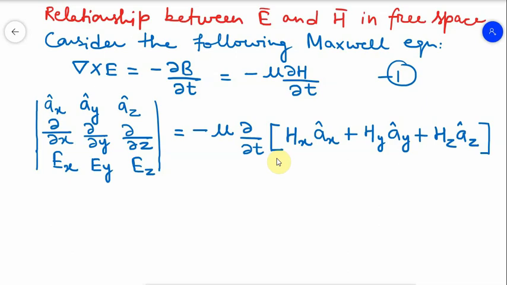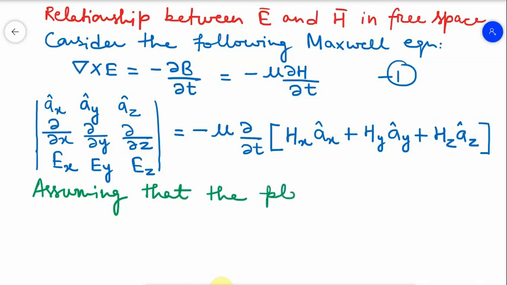Yes or no? So assuming that the plane wave is propagating in z direction, what will happen? Ey will be 0 and Hx will be 0. So what is our assumption? We have assumed that the plane wave is propagating in the z direction.